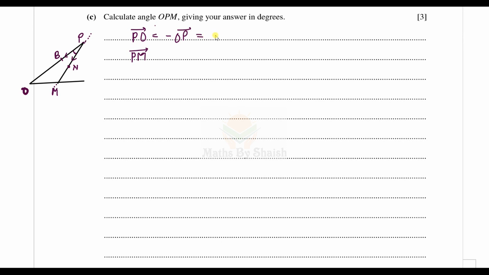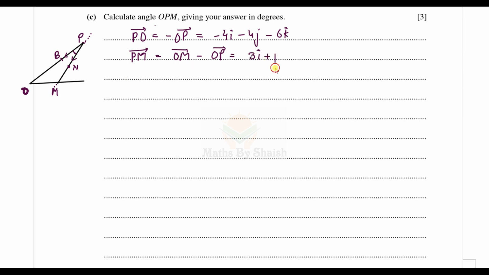So it is minus 4i cap minus 4j cap minus 6k cap, and PM vector is OM vector minus OP vector, and OM vector is just half of OA vector plus OB, that is going to be 3i cap plus j cap minus OP vector.